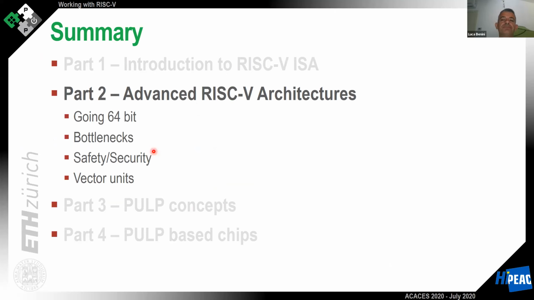The structure of the lecture will be to look into the rationale for moving toward more advanced RISC cores, and mostly toward Linux-capable 64-bit RISC cores. Then we analyze the design and microarchitectural bottlenecks and look at some extensions toward supporting safety and security, and then also extensions to support vector operations.